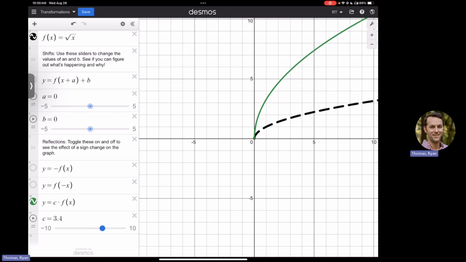I'll let you conjecture and figure out how these values work. There's back to c equals 1, so that's our parent function, right? That's kind of its natural resting state. If c is bigger than that, watch what happens as the value of c increases.